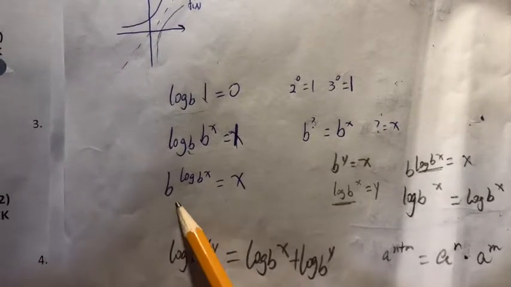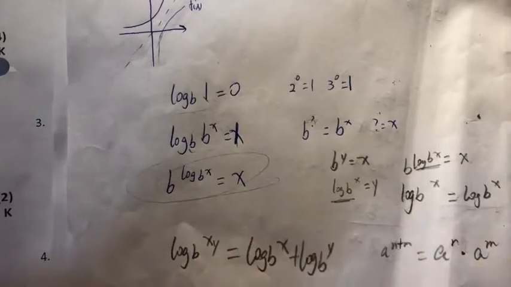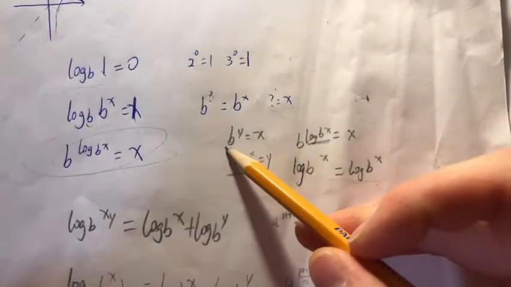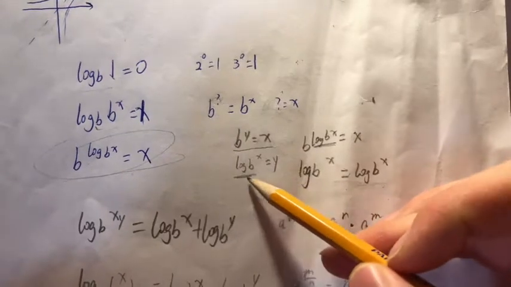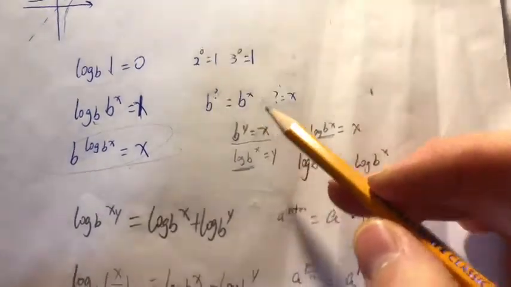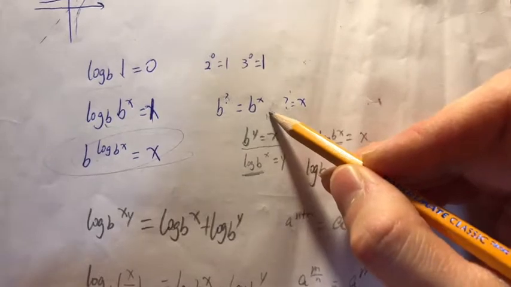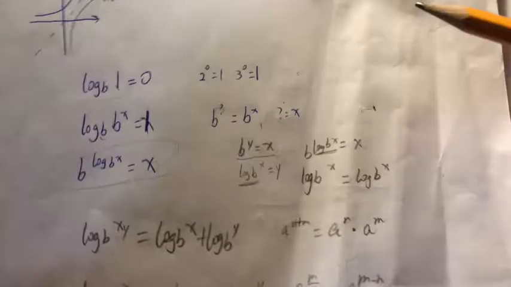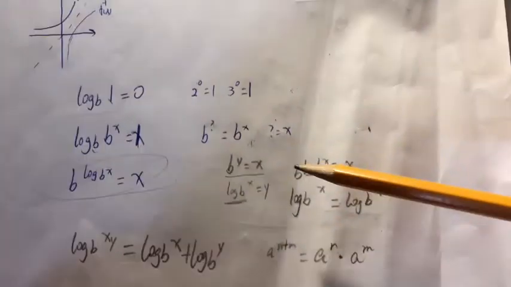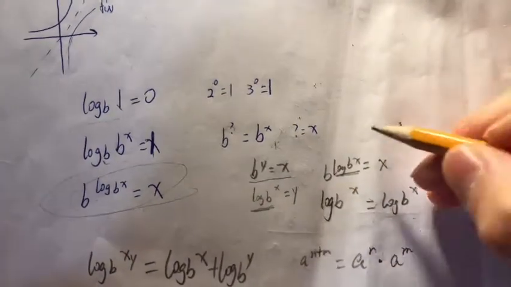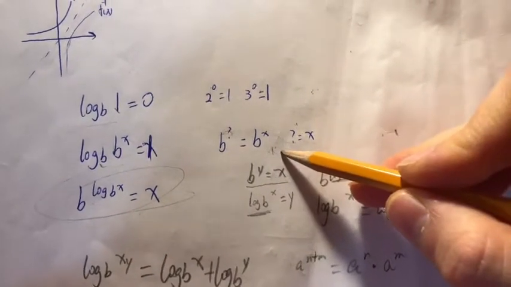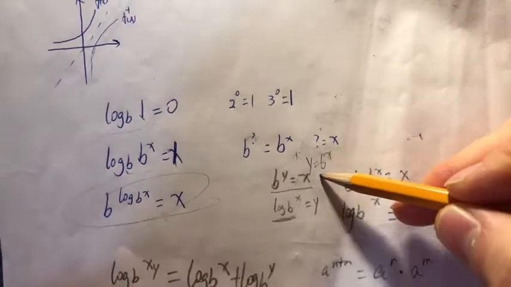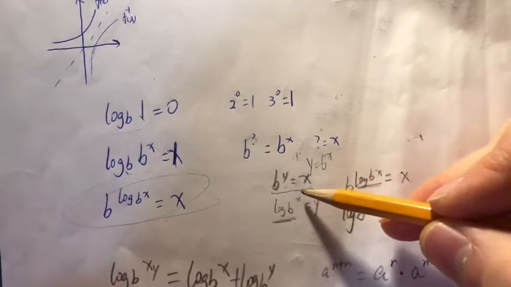And if you look at another one, this is a little bit tricky, so we have to go back and think about it. This one is the same as log_b x. If we go back, let's write it. y equals b^x, and then we're turning it around.